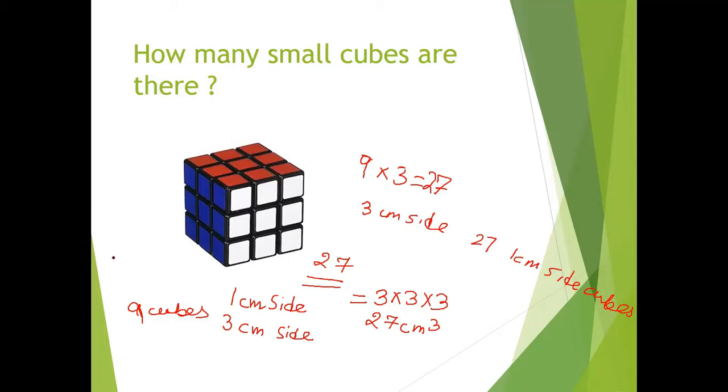So to make a perfect cube, I will need a special number of cubes, that is 27. That can be obtained by multiplying the required number of sides 3 times. So cubes are special numbers that make a perfect cube shape.